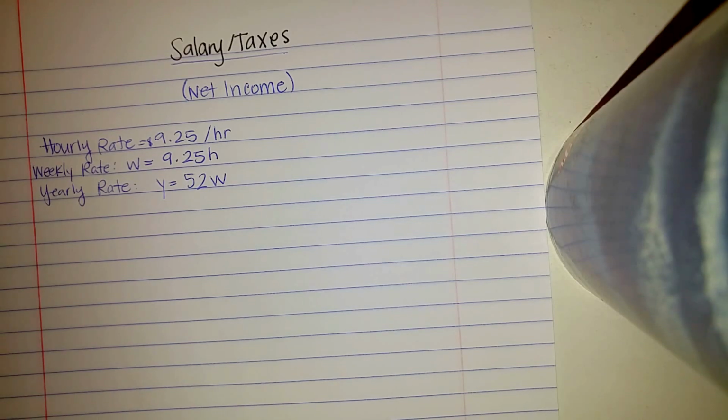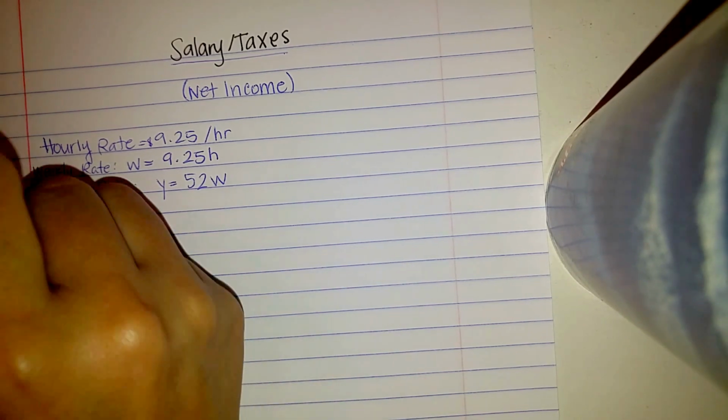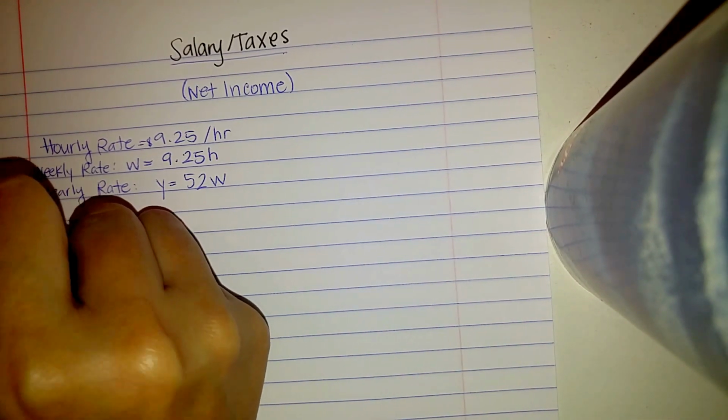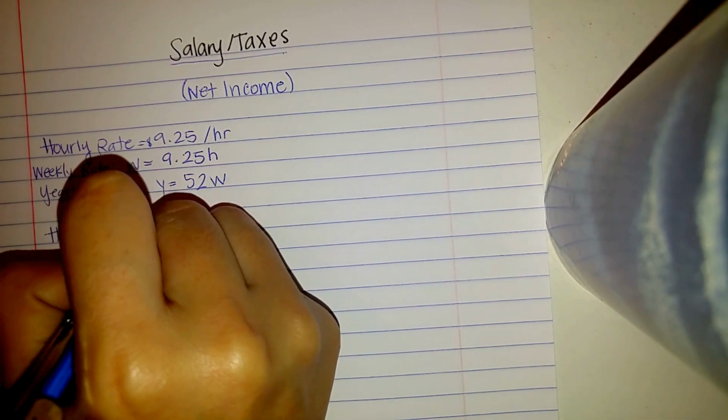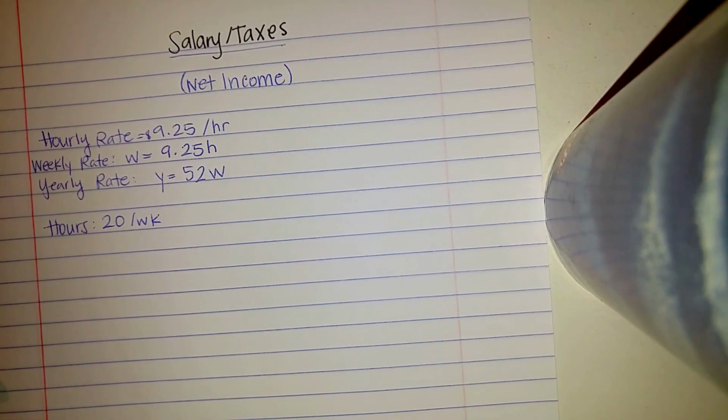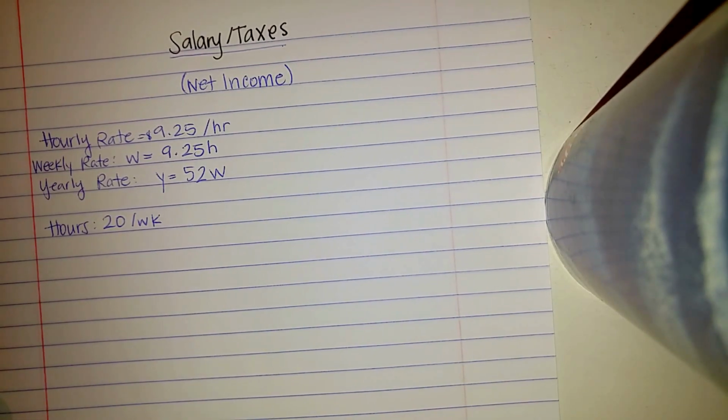You, as high school students, can't have full-time jobs to begin with. So we're going to assume that you work part-time, so 20 hours a week. Okay, so we're working 20 hours a week.